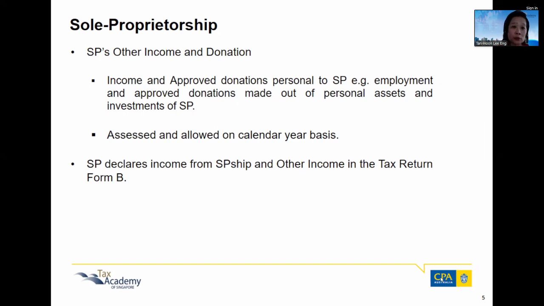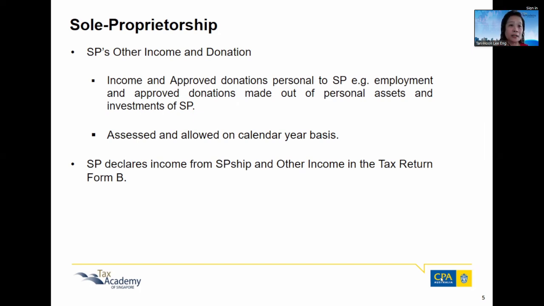So for the sole proprietor himself, the individual, say Mr. A, he's a sole proprietor. This Mr. A will receive an income tax return Form B. This Form B is for him to declare his income from all sources. If he is a sole proprietor of a business, a partner of an LLP, and an employee of a private limited company, then he has three types of income already.